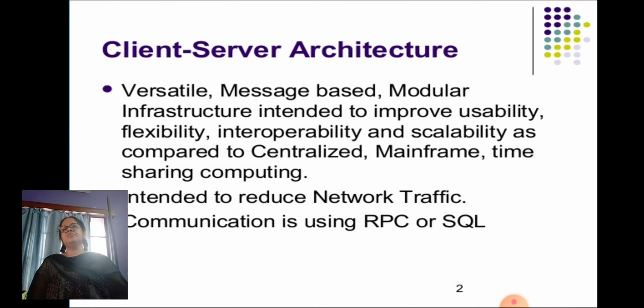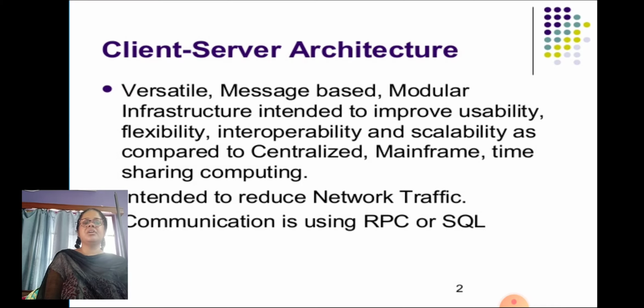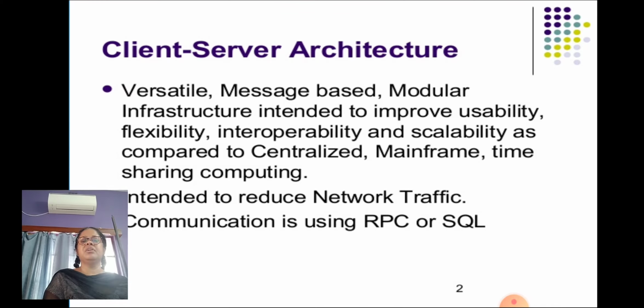The salient features of client server architecture are: the client server architecture works with a system of request and response. The client sends a request to the server and the server responds with the desired information.